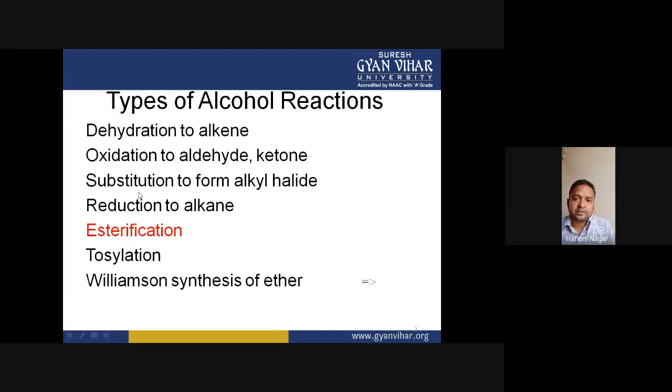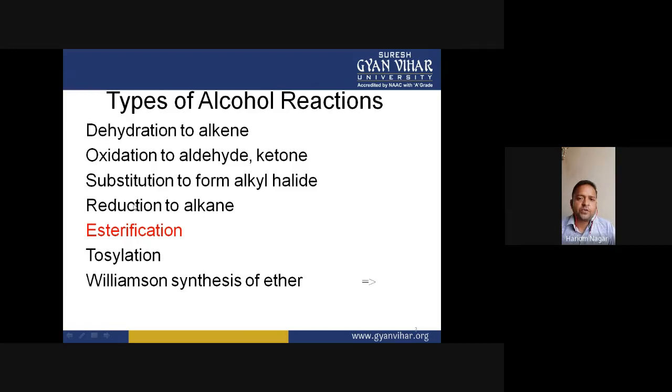And the next is substitution. This gives alkyl halide by the substitution reaction of alcohol. Here the substitution of the OH group from the alcohol by a halide group produces alkyl halide, right? The next is reduction to alkane.